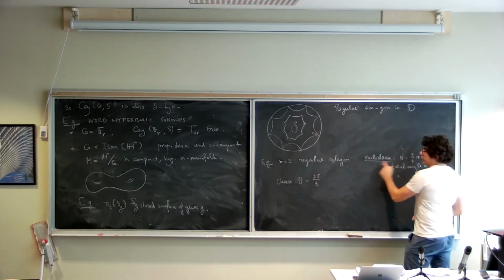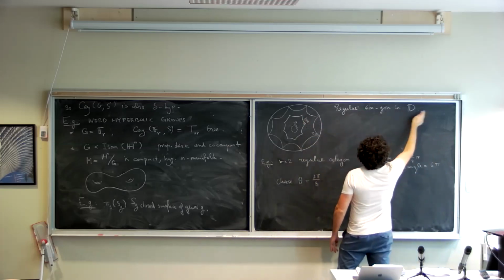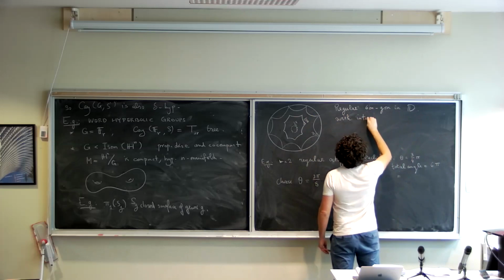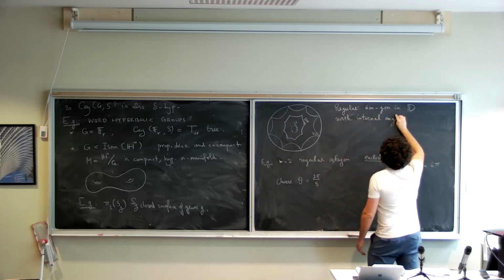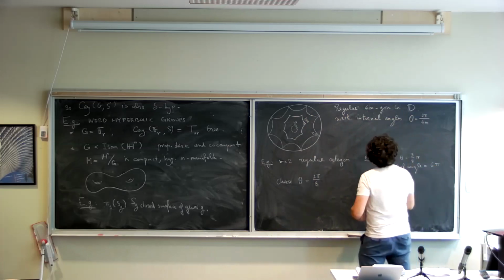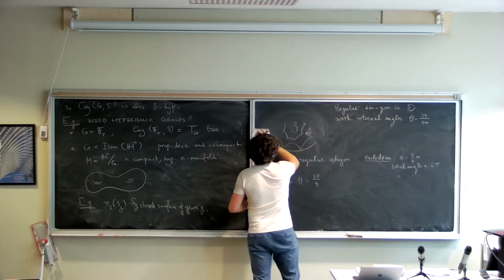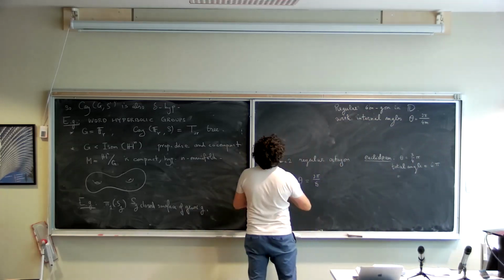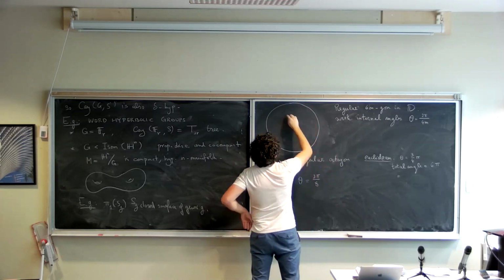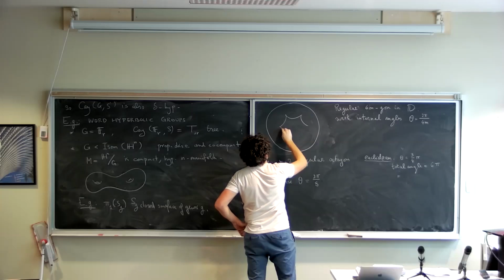So in the middle there is some situation where this holds: a regular 4m-gon with internal angles theta equal to 2 pi over 4m. So such a situation exists. And in that case, we can construct this quotient. So in that case, you have a picture which is somewhat intermediate, somewhat like that.